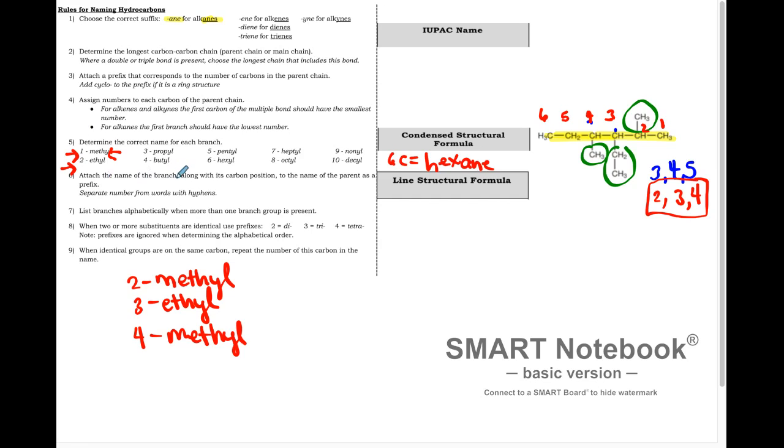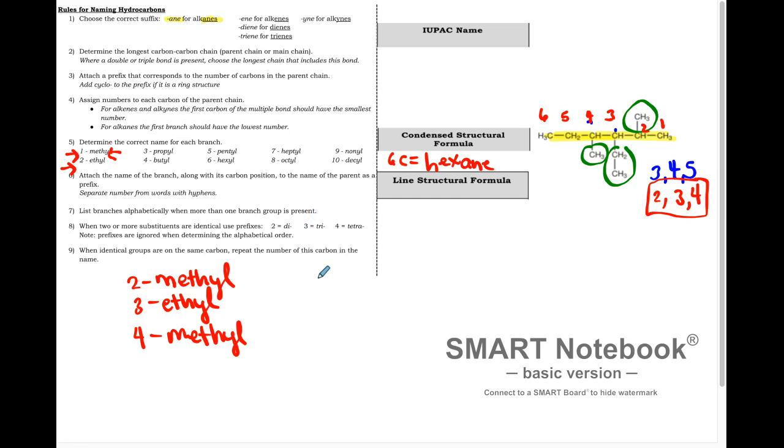We attach the name of the branch along with its carbon position, which we did. So these are the carbon positions, and these are the types of substituents you have attached, the types of branches. We need to separate the number from the words with hyphens. So this is your hyphen. We're going to list the branches alphabetically when more than one branch group is present.